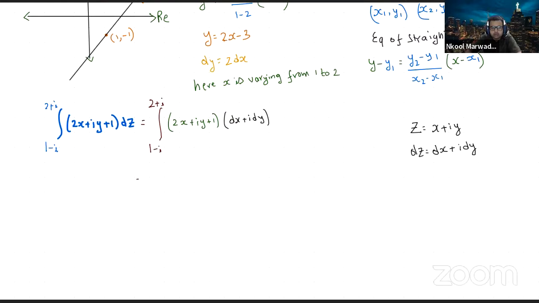Integration from 1 minus i to 2 plus i. When I multiply it and bring the real part together and imaginary part together, I will get something like this.